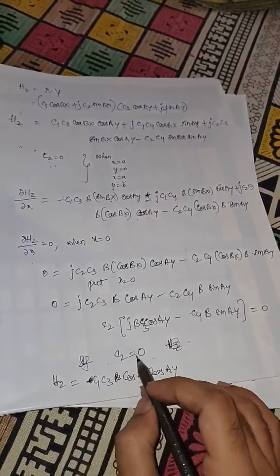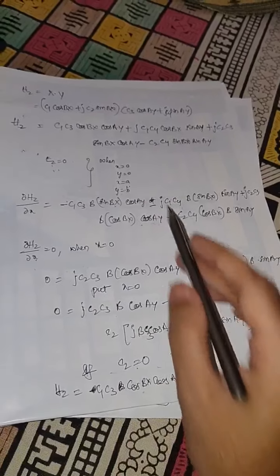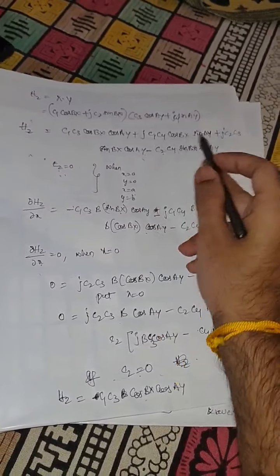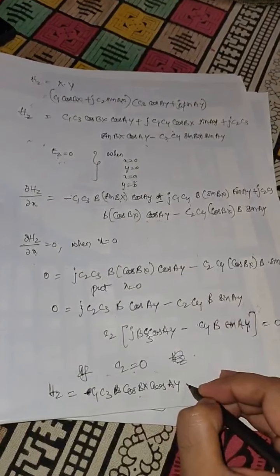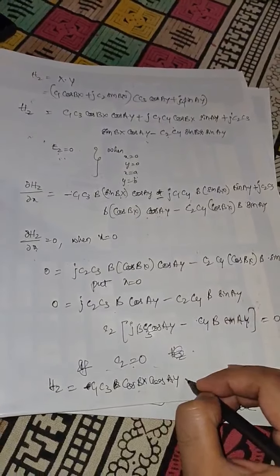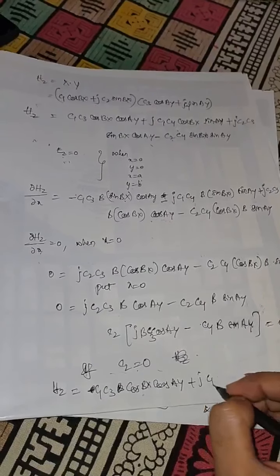If I substitute c2 equal to 0 in this equation, these two terms are cancelled, so you will get two terms: c1 c3 cos bx cos ay plus j c1 c4 cos bx sin ay. Okay, so these are the values.